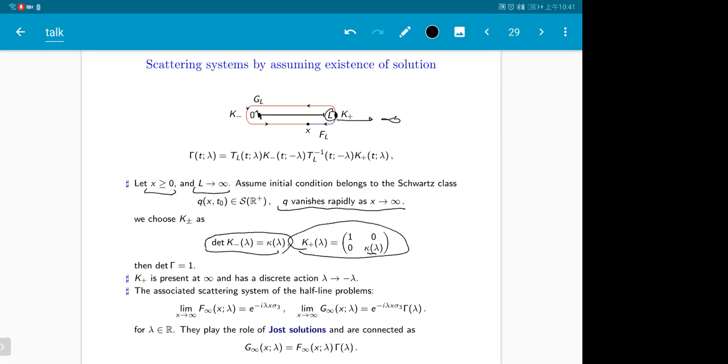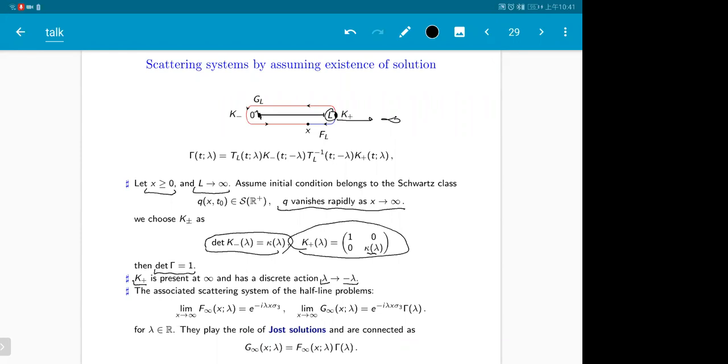This form ensures that the determinant of gamma is 1. Although this k plus is a constant matrix present at infinity, it actually delivers a discrete action transforming lambda to minus lambda. That's the key part to form the scattering system.